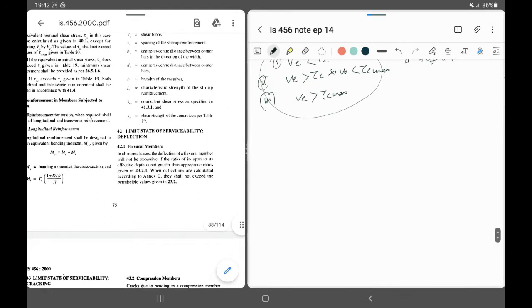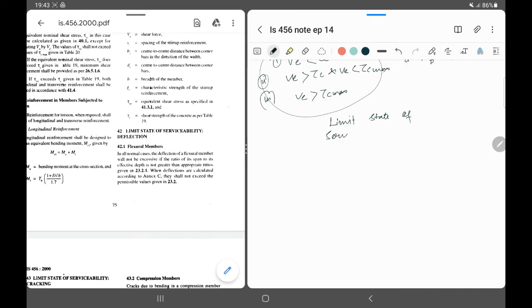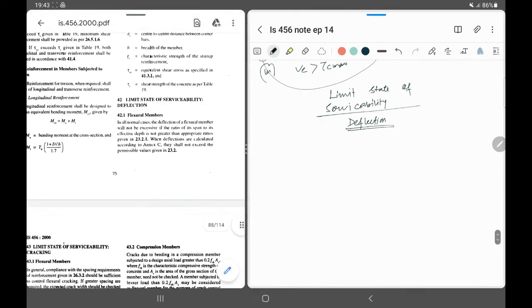Now we talk about the limit state of serviceability, and we talk about deflection. First, flexure member. In all normal cases, the deflection of a flexure member will not exceed if the ratio of its span to its depth, that is the L by D ratio, is not greater than the appropriate ratio.